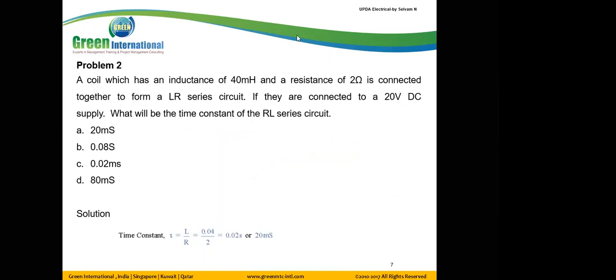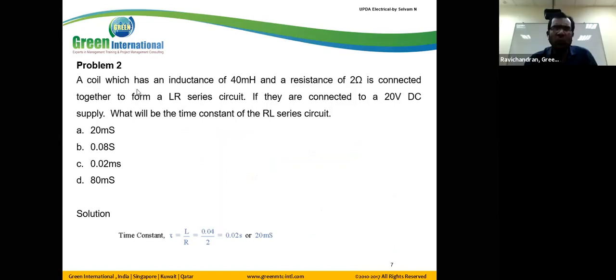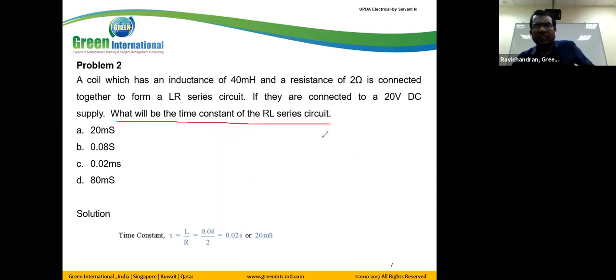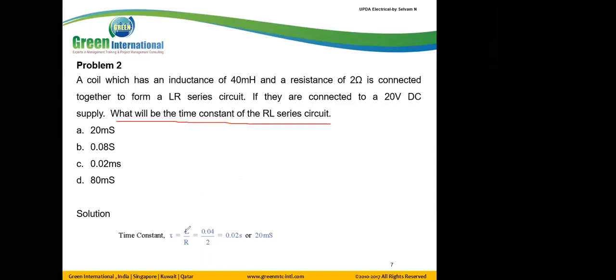Next question, the same circuit. Now they ask what will be the time constant? Formula of time constant for RL circuit, tau is L by R, L is equal to 40 milli.